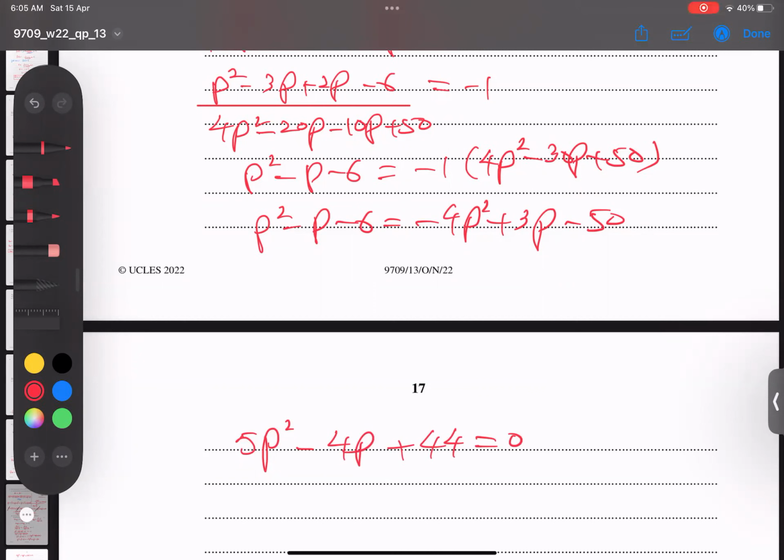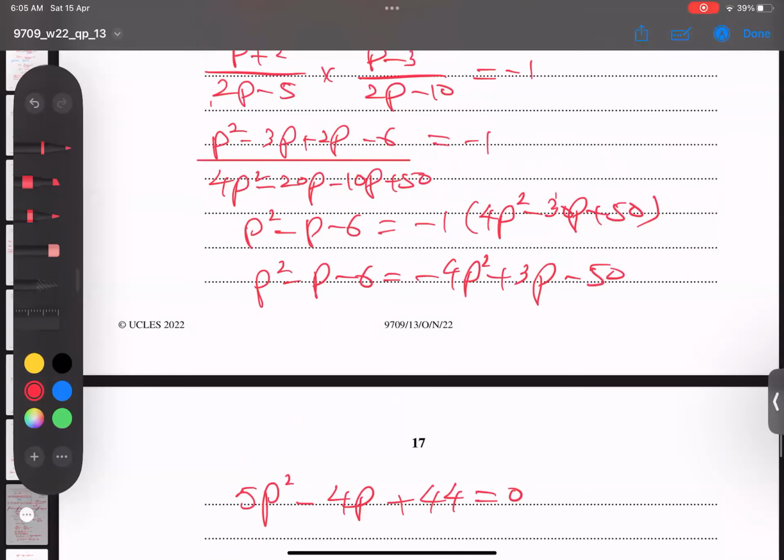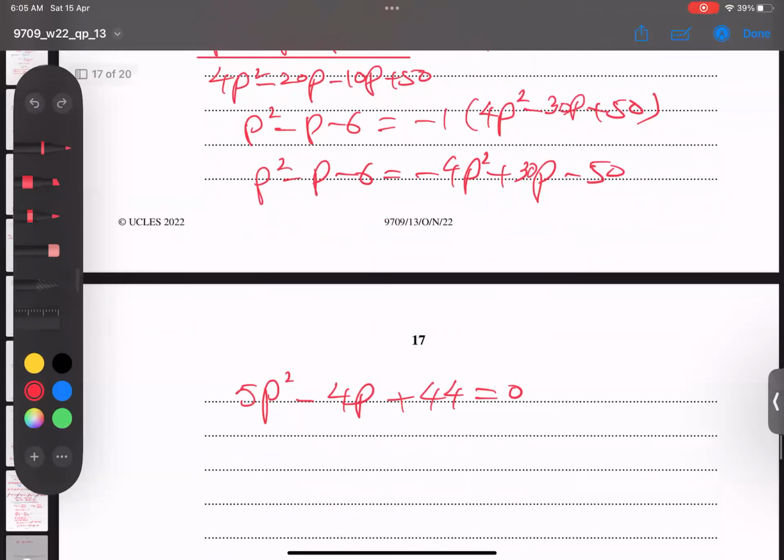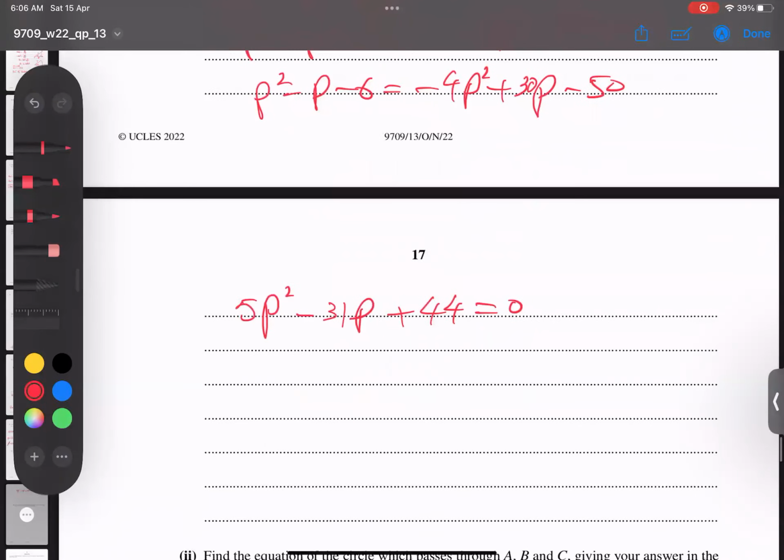I think up till here is clear. Oh, sorry, this is 30. 30, sorry, 30P. So it's 30P. And 30 comes on this side. So it becomes what, students? It becomes 31P. So this small mistake is going to happen. Anyway, Alhamdulillah, this is clear.